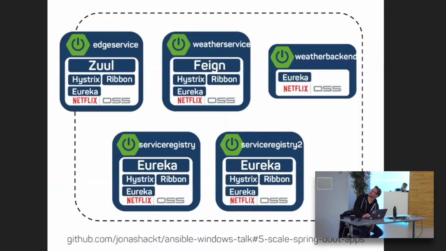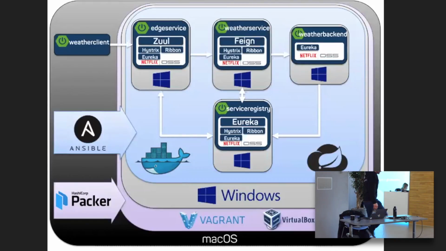The weather backend is registering to the second Eureka service registry, and the Zuul and weather service are registering to the first, and then they just sync their state so that Zuul is finally able to access all the apps, and also the weather service should be able to do this. So at the end, we should have a setup like that.